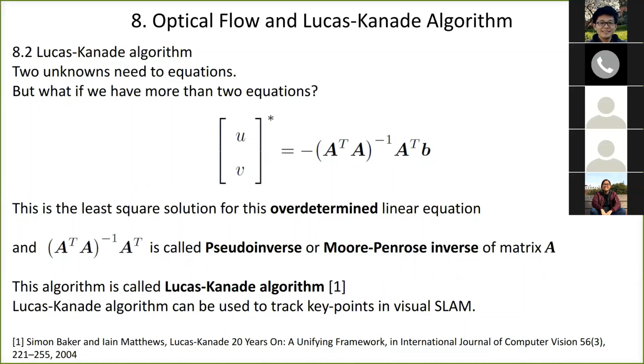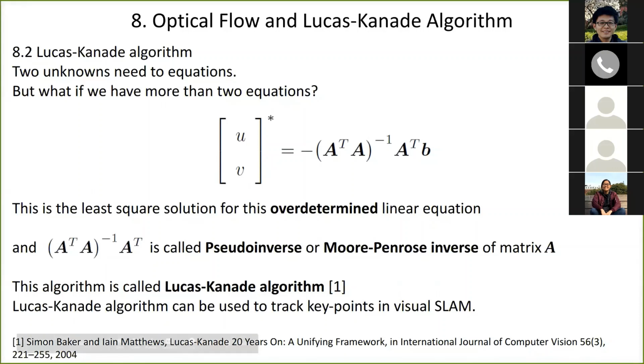Thus, we have the correspondence. And then we can do the similar thing with the correspondence to compute the fundamental matrix, essential matrix, and then the rotation, translation, the camera pose. And thus we can finish the camera localization or the visual odometry.